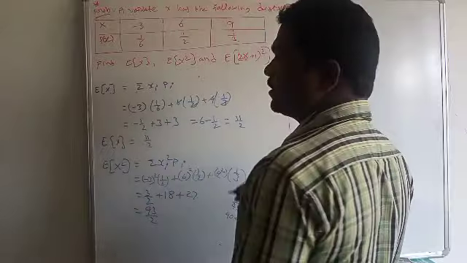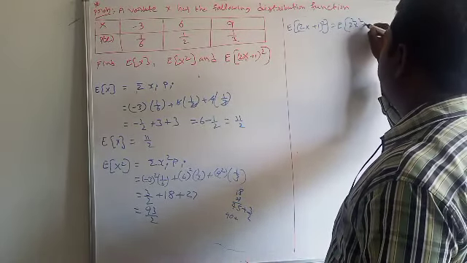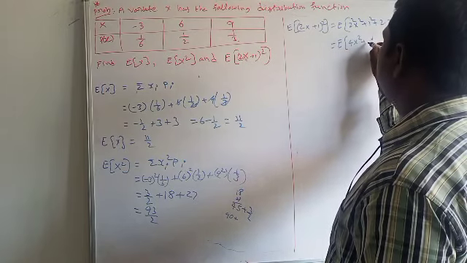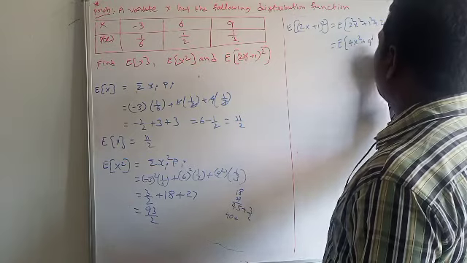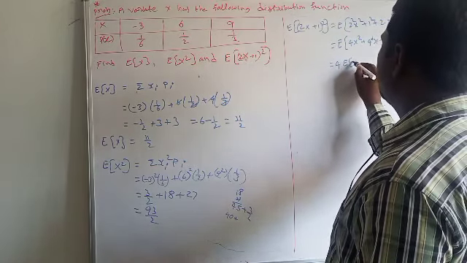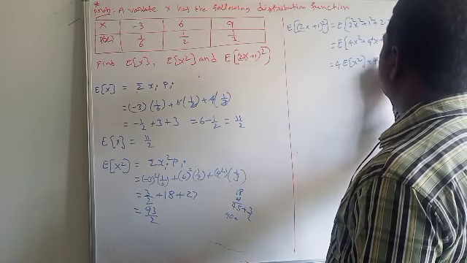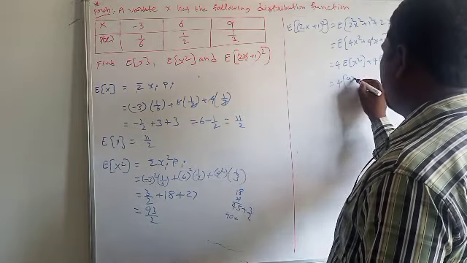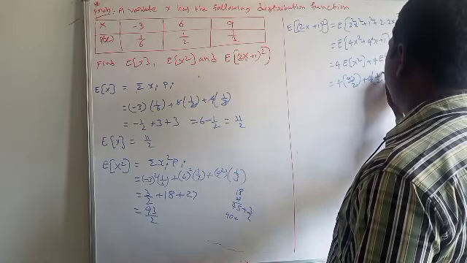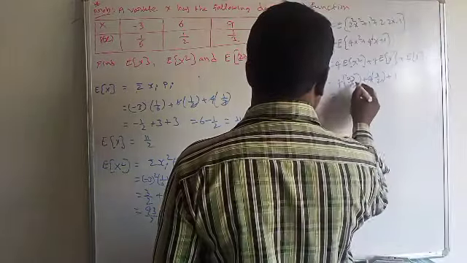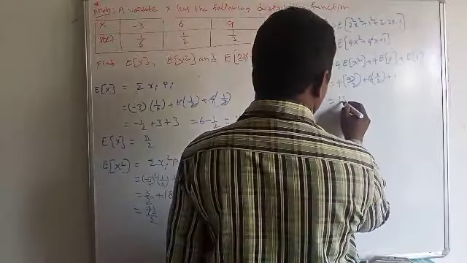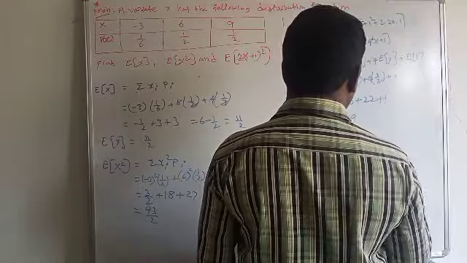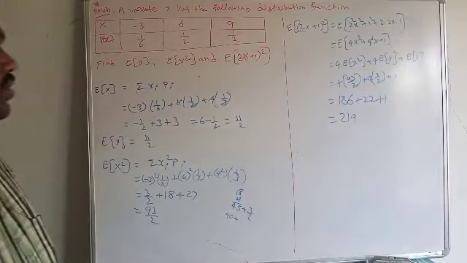Using the a plus b whole square formula, a square plus b square plus 2ab, this is the expectation of 4x square plus 4x plus 1, which is 4 into expectation of x square plus 4 into expectation of x plus expectation of 1 into 1. That is 4 into 93 by 2 plus 4 into 11 by 2 plus 1. 2 cancels 2: 93 twos are 186, plus 2 elevens are 22, plus 1, giving 209. That is the expectation of 2x plus 1 whole square.